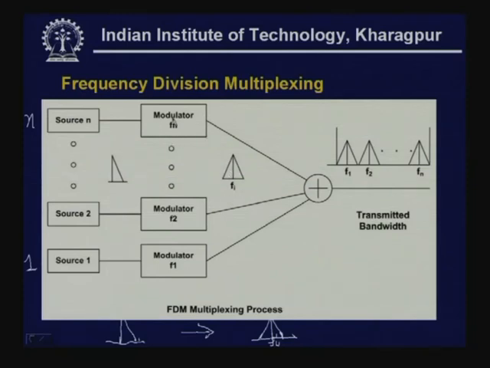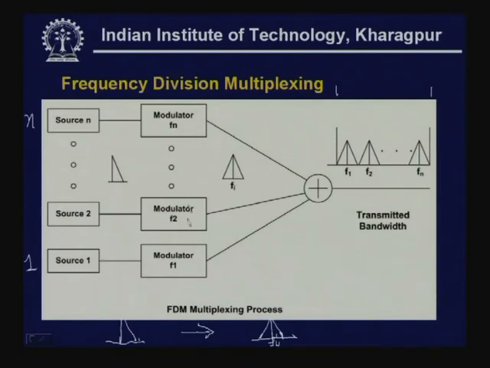Now, we are modulating different signals with different frequencies, so these are known as subcarriers F1, F2 and Fn. You can see here, if the transmitted bandwidth is from here to here, we can send all the signals F1, F2 and Fn through the medium.